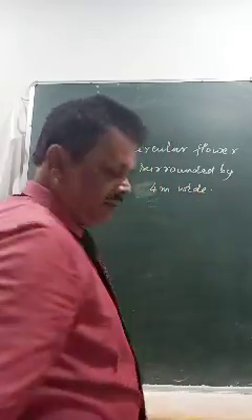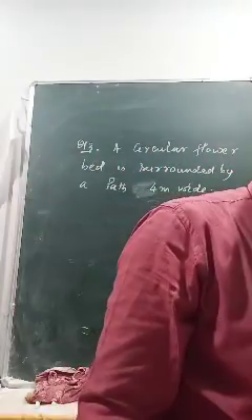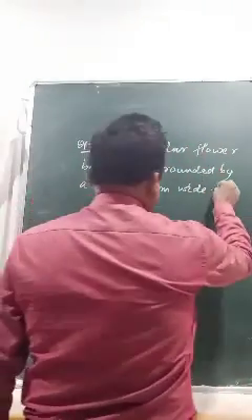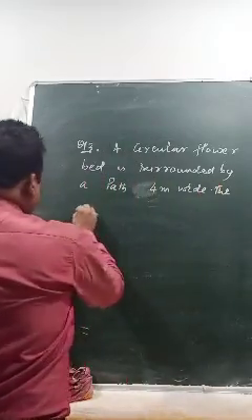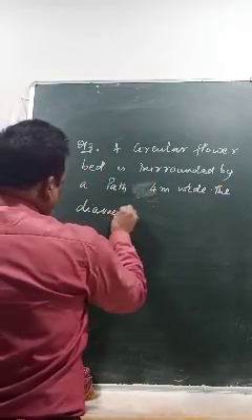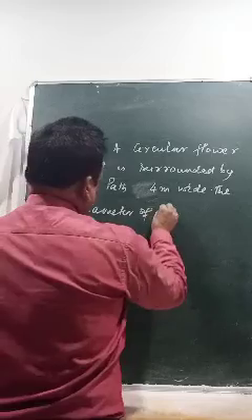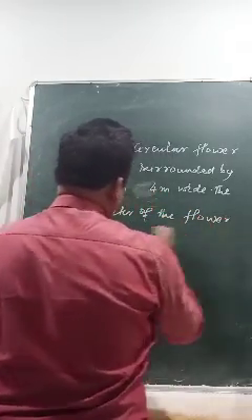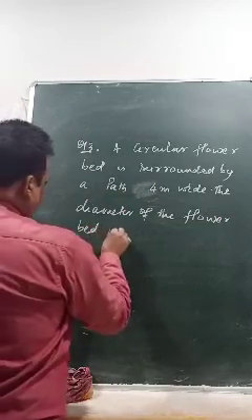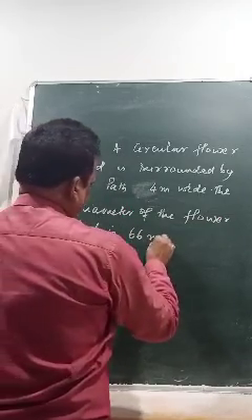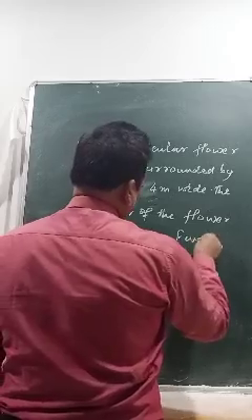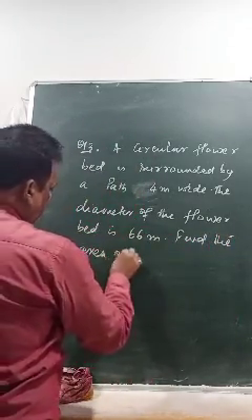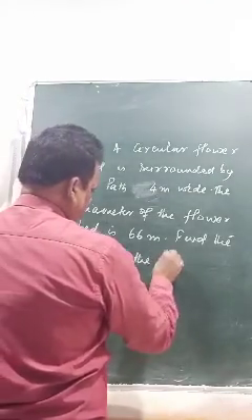Okay. Then the diameter of the flower bed is 66 meter. Find the area of the path.